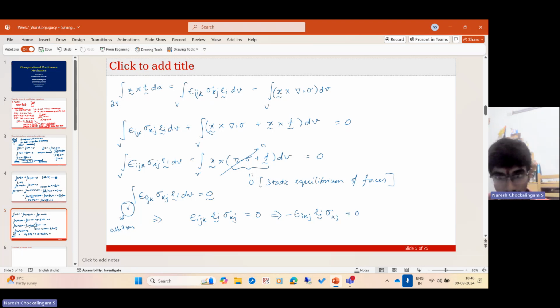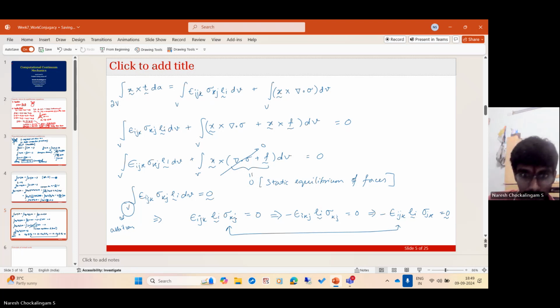But k and j are dummy indices, so they can be replaced, which results in minus epsilon ijk ei sigma jk equal to 0. Look at these two. We can add the two. So we get epsilon ijk ei times (sigma kj minus sigma jk) equal to 0.